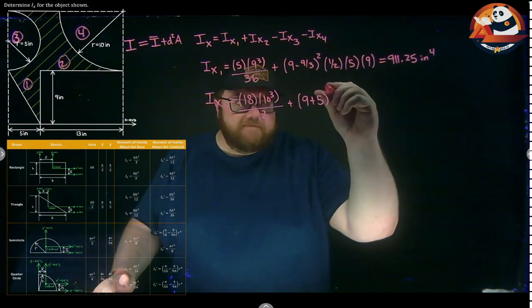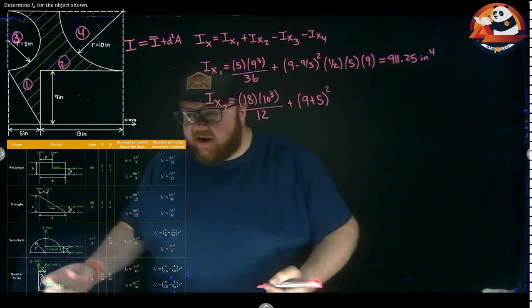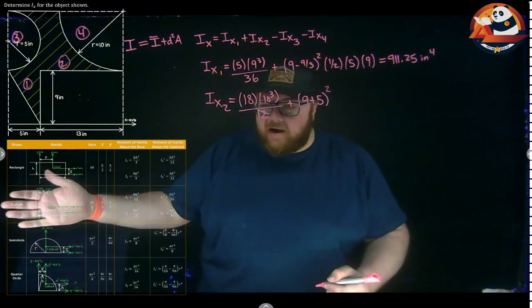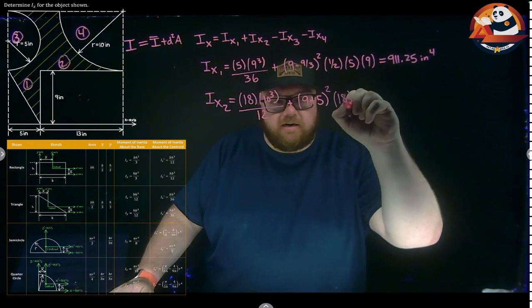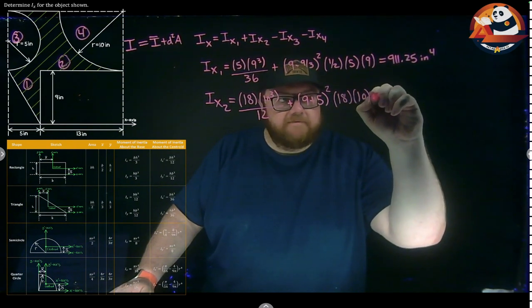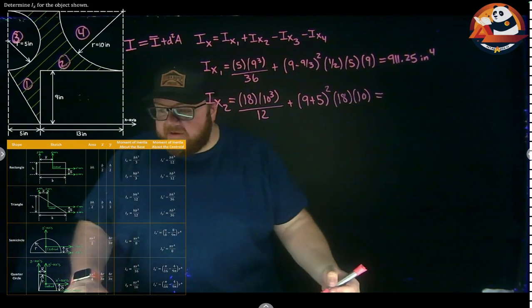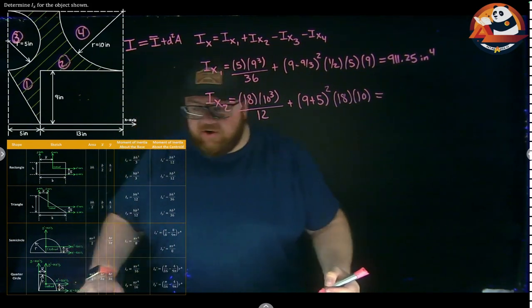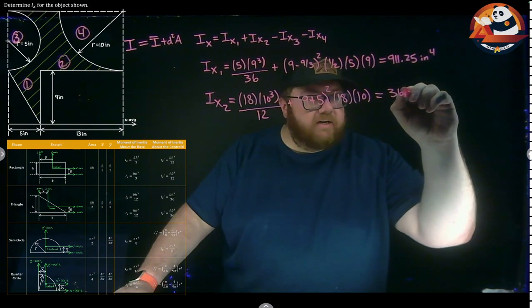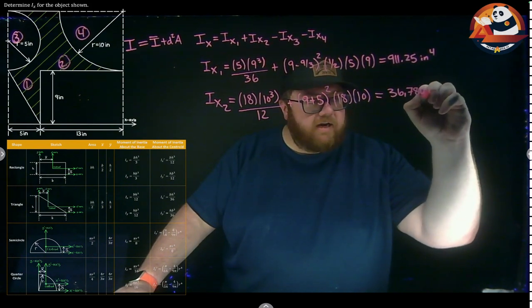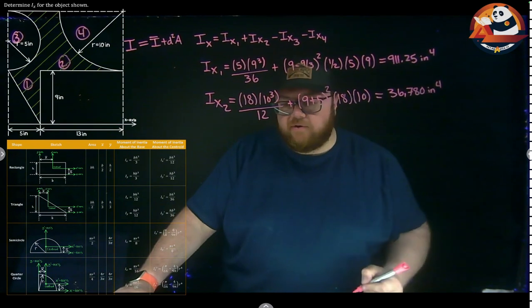Either way, it's 14 squared times the area, 10 by 18. This gets me a much bigger moment of inertia, 36,780 inches to the 4th.